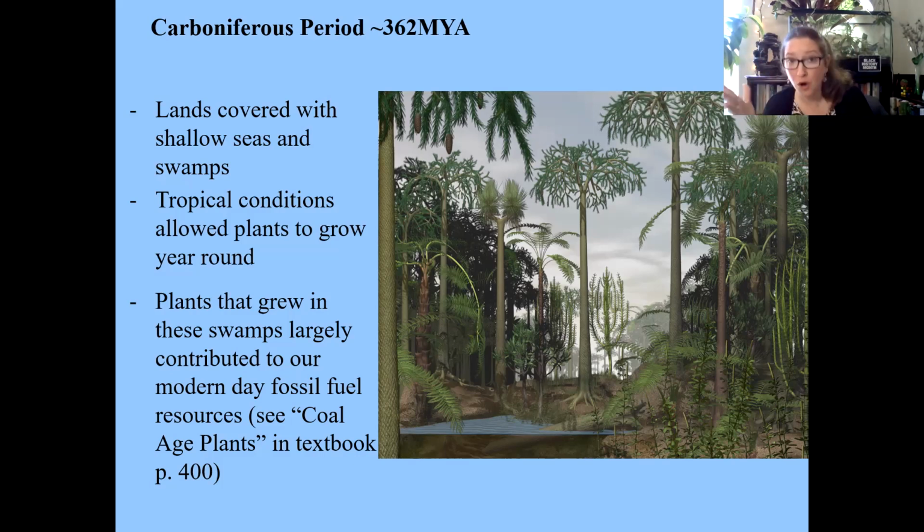If you want to learn more about that, there's a section in the textbook on page 400 that talks about this process. But I should just highlight, this is part of the reason why ultimately we need to go away from fossil fuel resources, because these resources were made over evolutionary time, but in particular because of events that happened hundreds of millions of years ago.